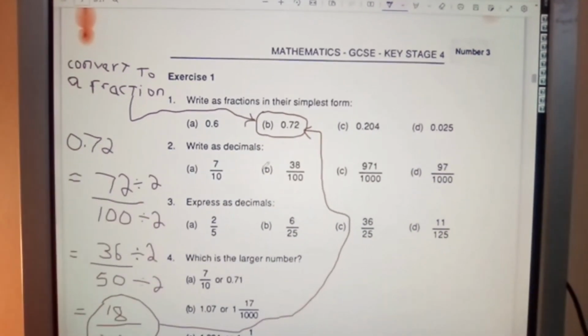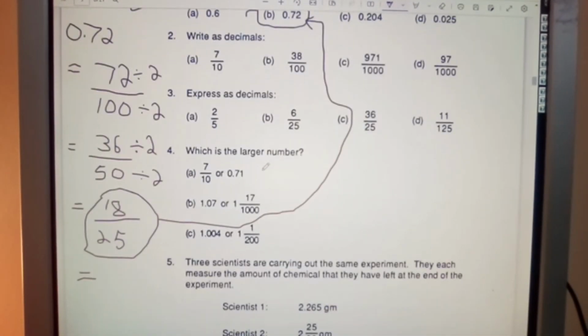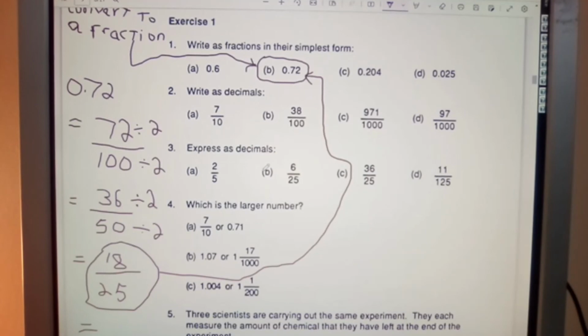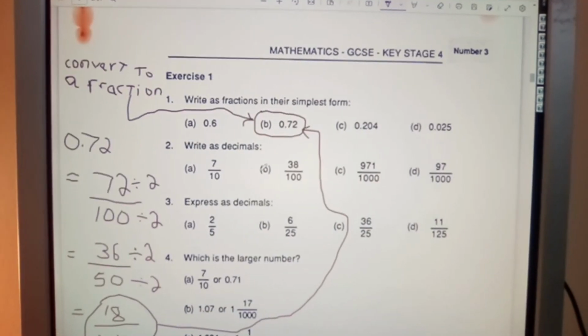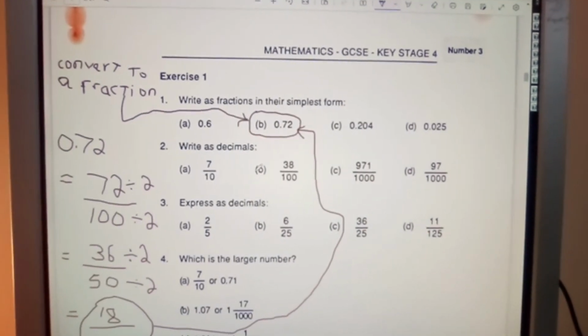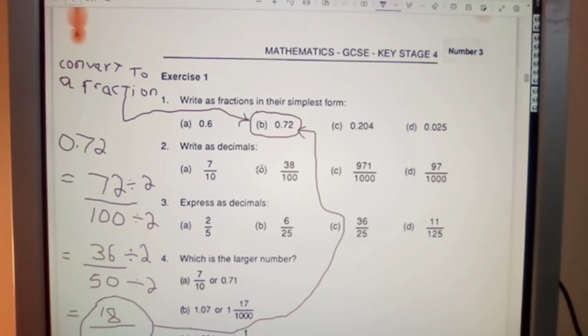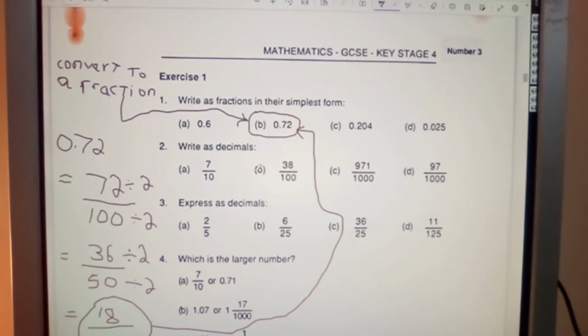Just make sure that you have this in full view, down to the final answer. Okay, good. Now remember that this is only done with practice and practice and practice.